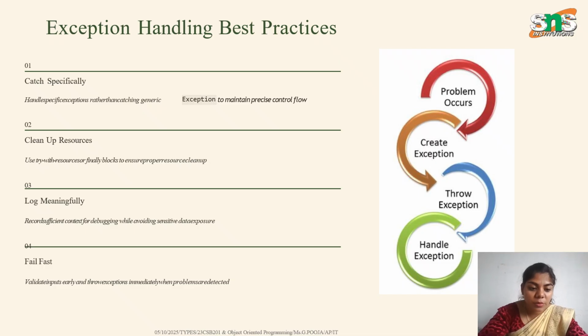Second, always clean up the resources. For example, close files or database connections in a finally block or use try-with-resources. Third, log exceptions meaningfully, include context but avoid exposing sensitive information. And finally, fail fast: validate the inputs and throw exceptions immediately when something goes wrong.